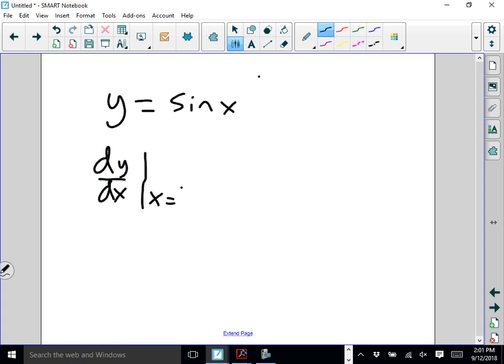Okay. So let's think about the function. We've been using f and f prime a lot and g prime a lot. I want to use more dy dx, just to get you used to this notation more.